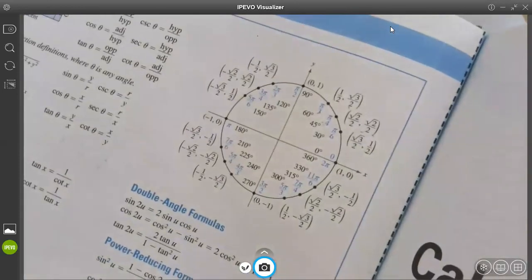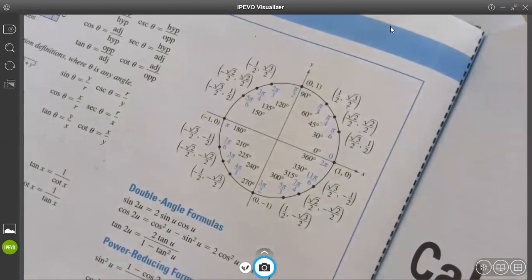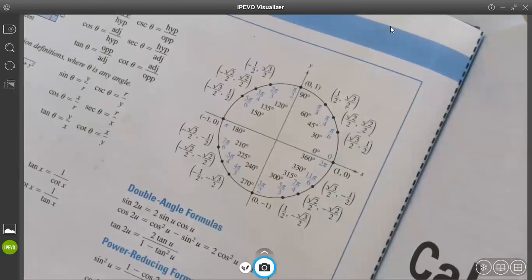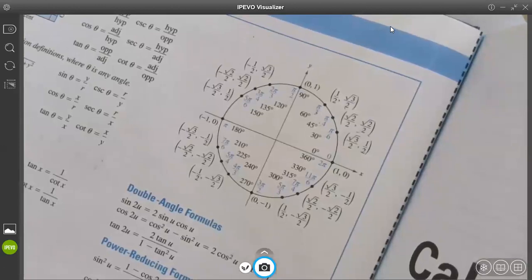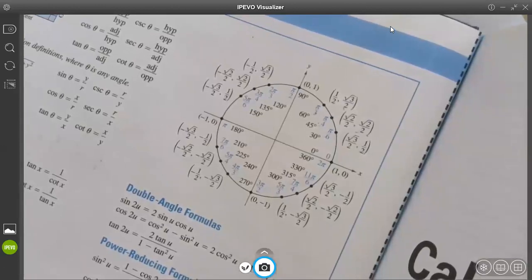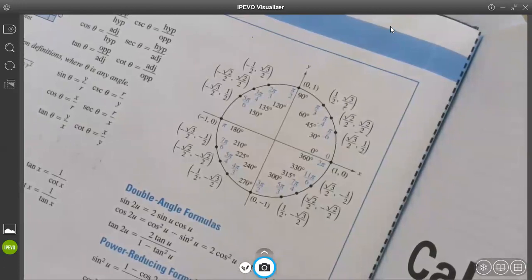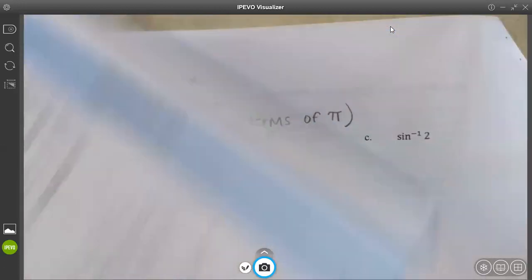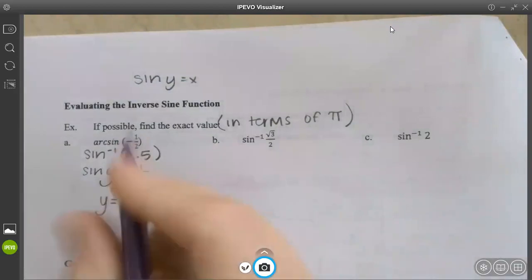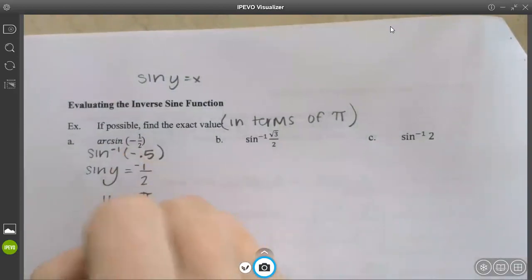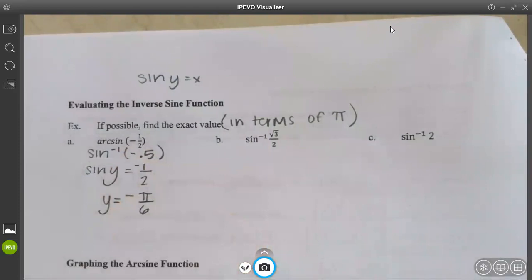Where is our y coordinate? 1/2. Okay, we're doing radians. Pi over 6 is where it's 1/2, right? So watch this. Negative pi over 6. That's it. So it's all based on that unit circle.